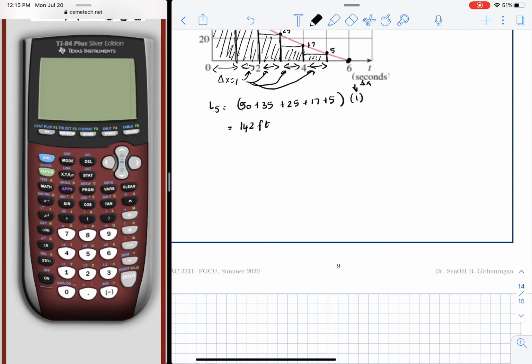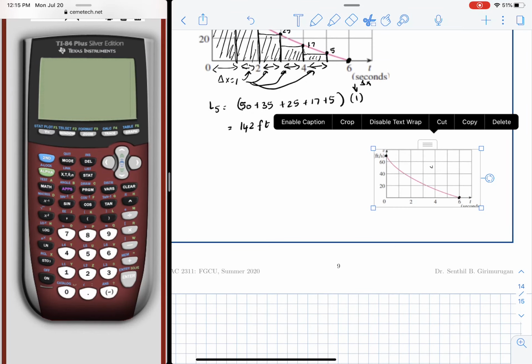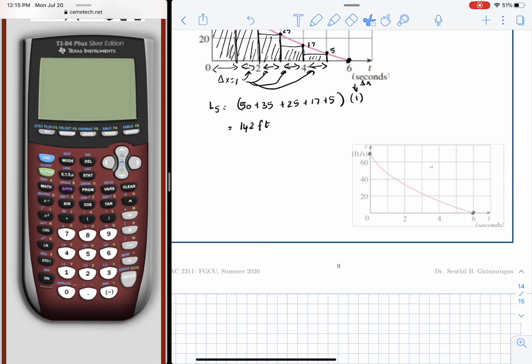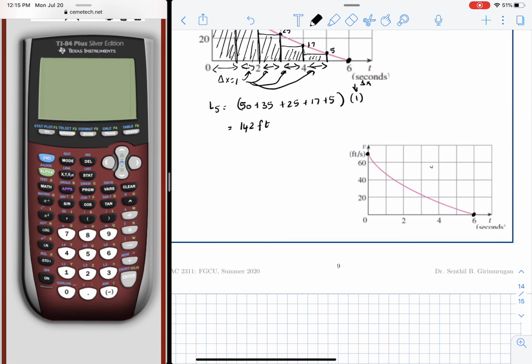We could use a similar strategy to find the right sum. Oh, I meant to say left sum, not right sum.